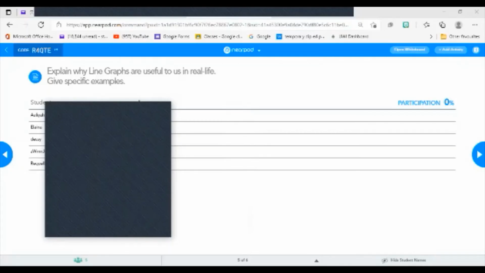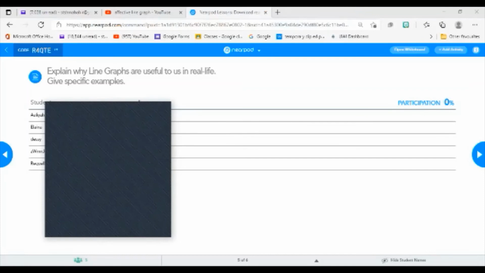So, explain why line graphs are useful to us in real life and give a specific example to explain that. All right, I'll give you a few minutes.